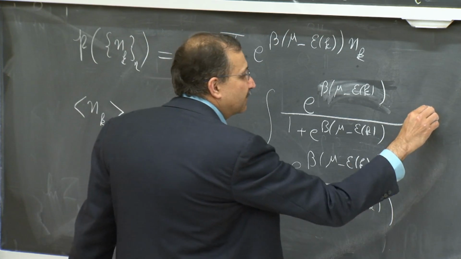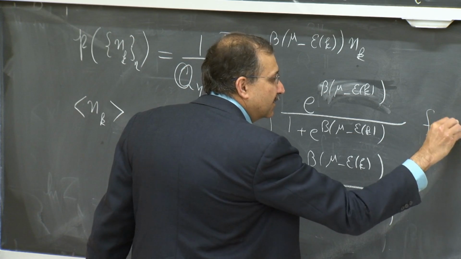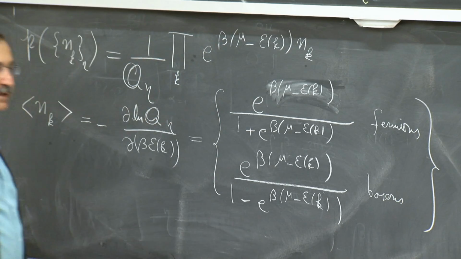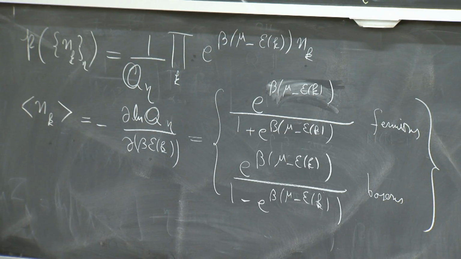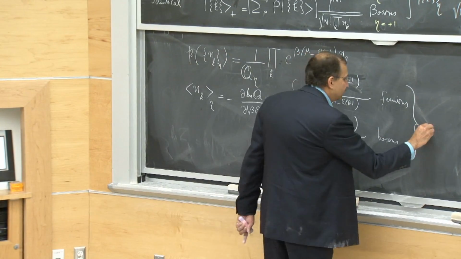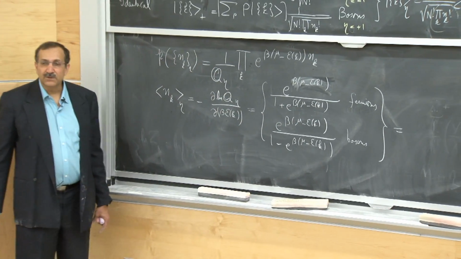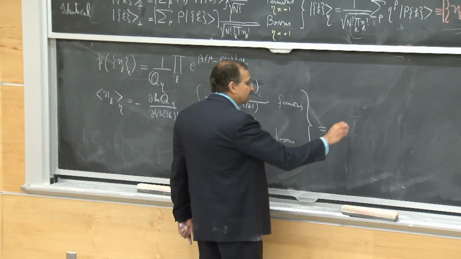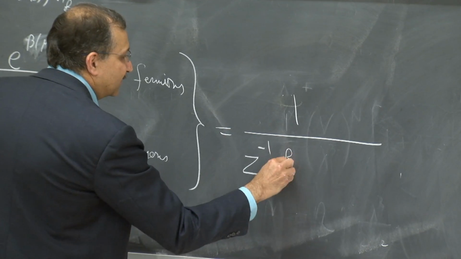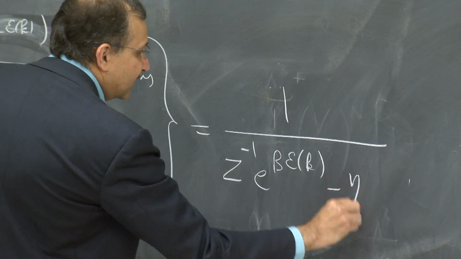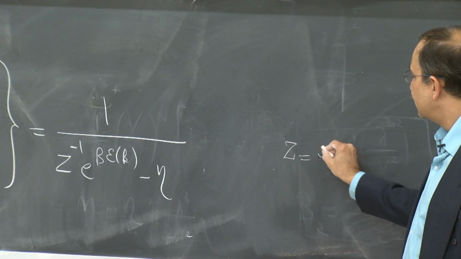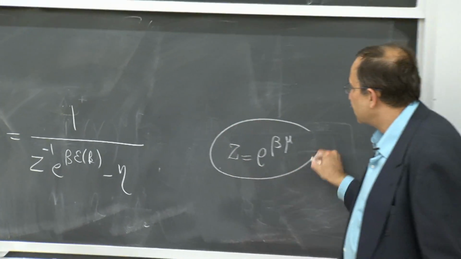So this is fermions, and this is bosons. And indeed, I can put the two expressions together by dividing through this factor in both of them and write it as 1 over z inverse e to the beta epsilon of k minus eta, where for convenience I have introduced z to be e to the beta mu.